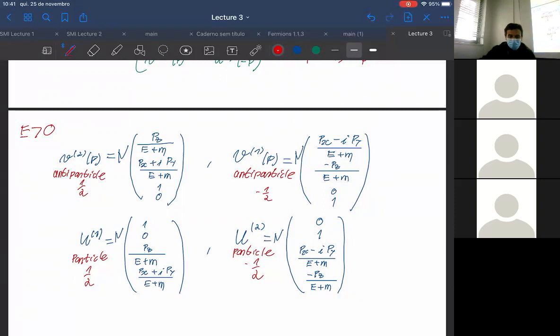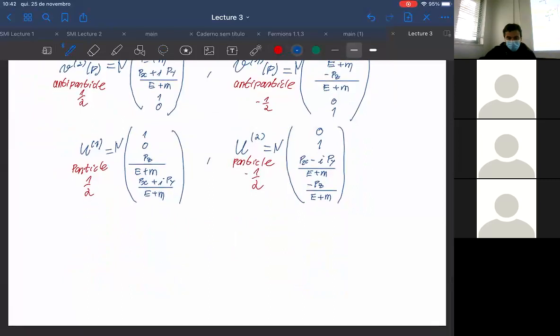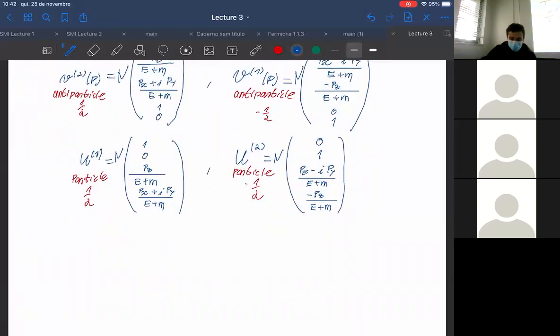And in fact, the wave function in general, using this Feynman-Stueckelberg convention, has for particles psi equal to u1,2(p) exponential minus i p·x.